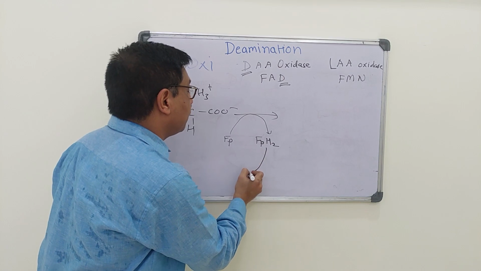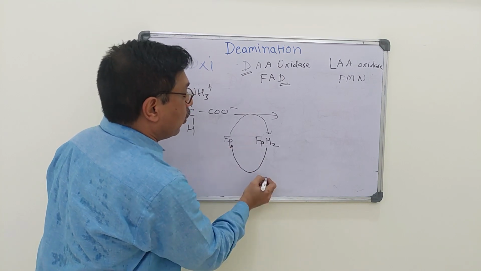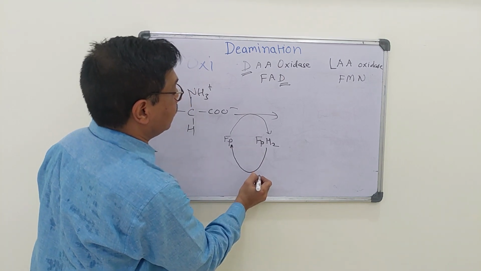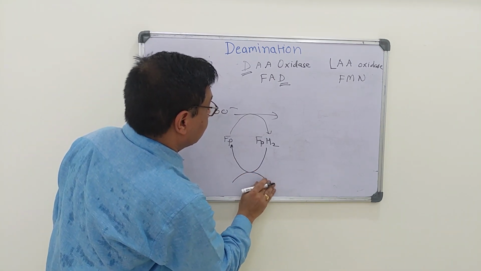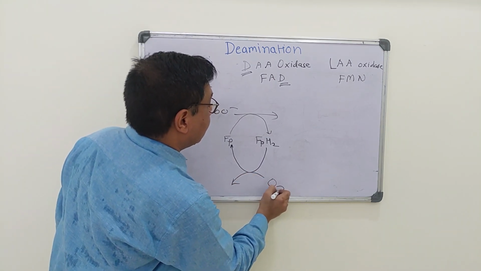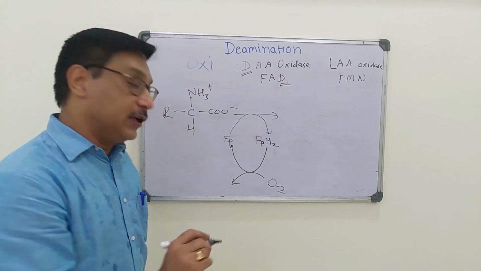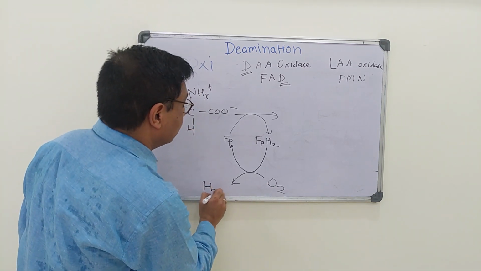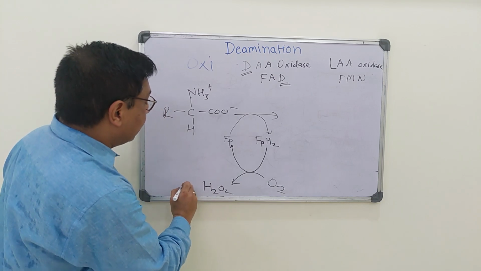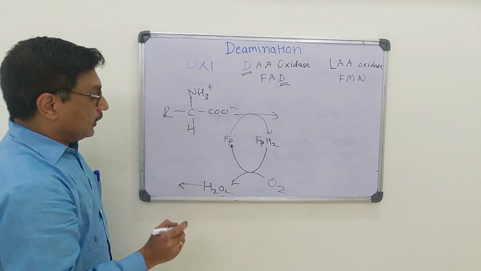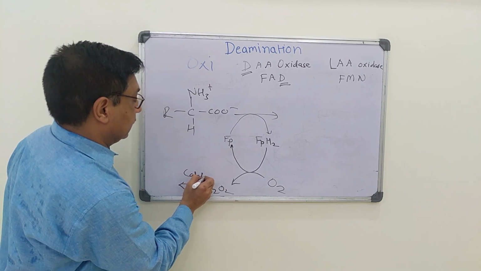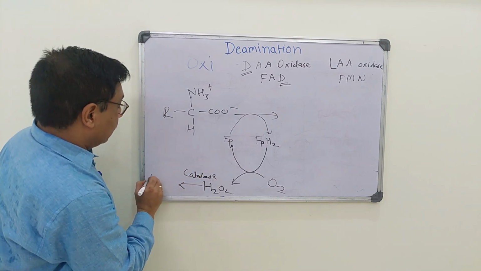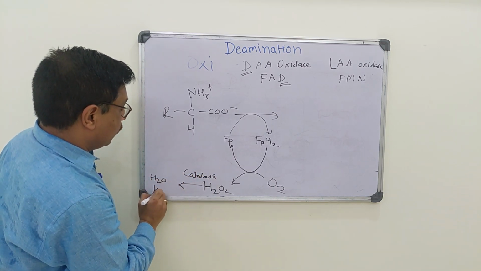It is oxidized by molecular oxygen, and this molecular oxygen is reduced to H2O2, that is hydrogen peroxide. This hydrogen peroxide is acted upon by catalase to liberate H2O and half O2.